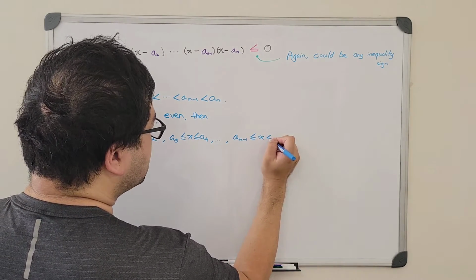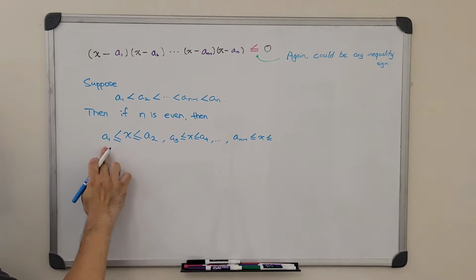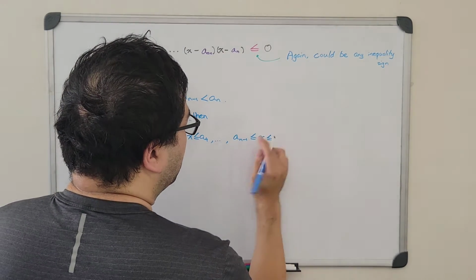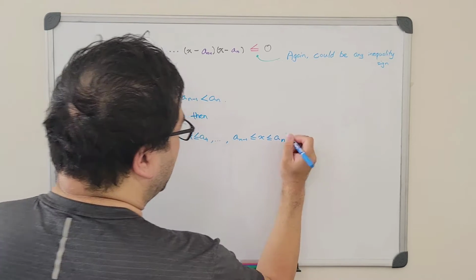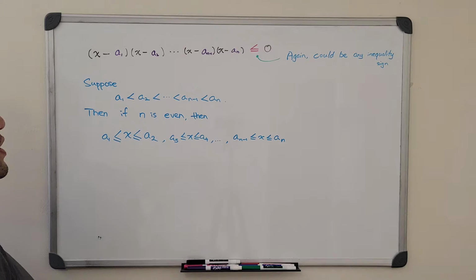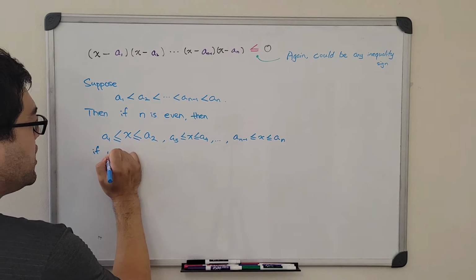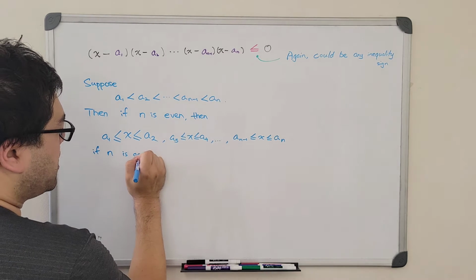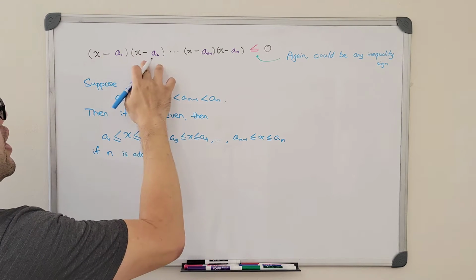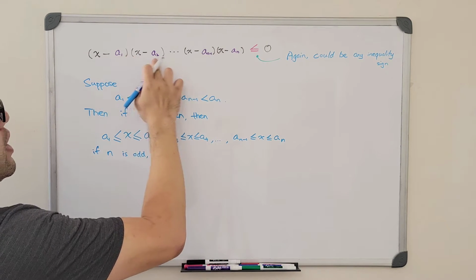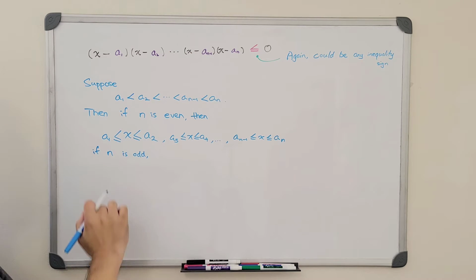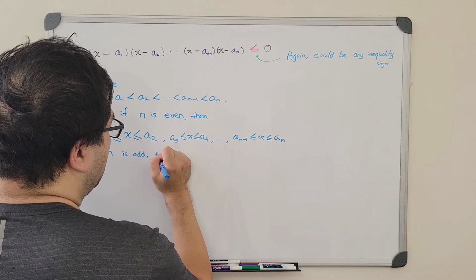Which is x is either between A1 to A2, or x is between A3 to A4, or all the way, x is between an-1 to an. And if n is an odd number, in other words, if there are an odd number of factors in our expression, we will get this.